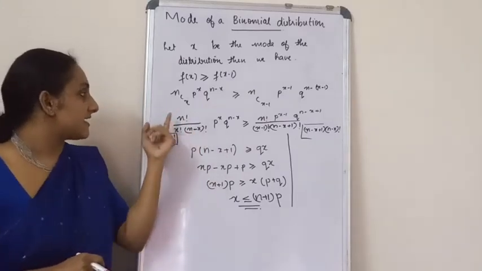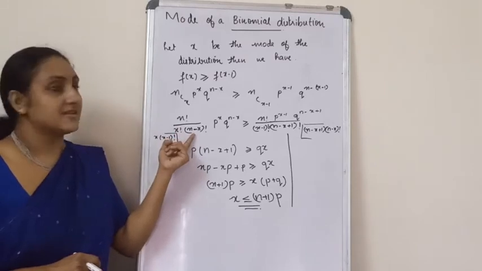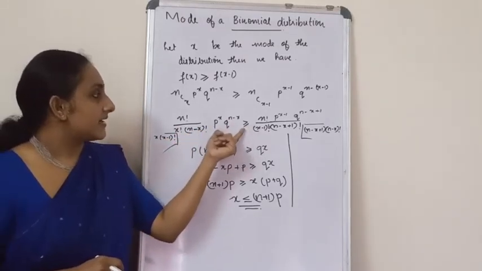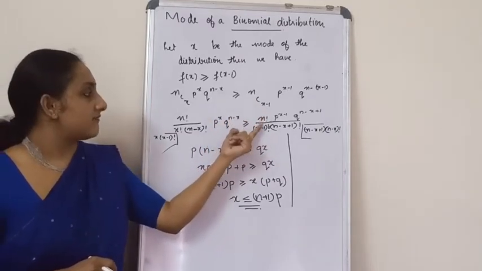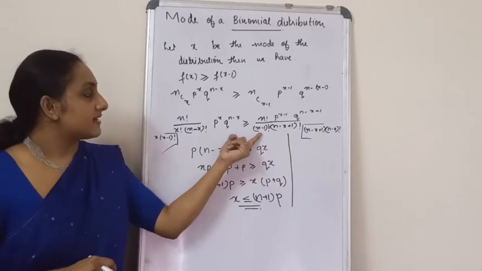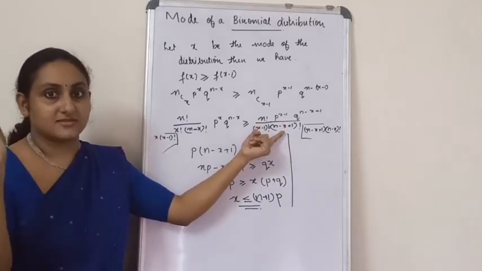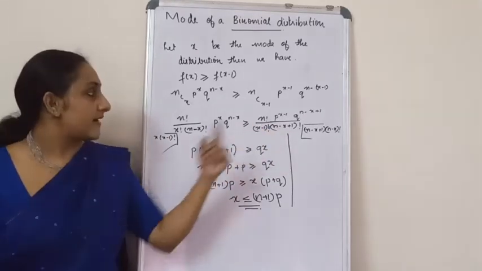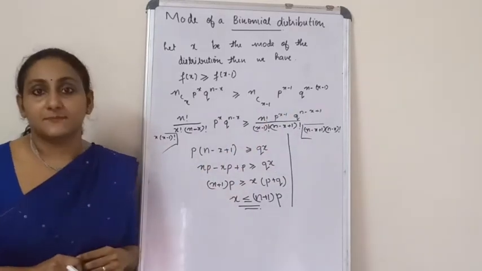So instead of nCx you can write n factorial divided by x factorial n minus x factorial, p raised to x q raised to n minus x, greater than or equal to, instead of nC x minus 1 you can write n factorial divided by x minus 1 factorial n minus x minus 1 factorial. Actually, when you take the minus inside, you get n minus x plus 1 the whole factorial, p raised to x minus 1 q raised to n minus x plus 1.